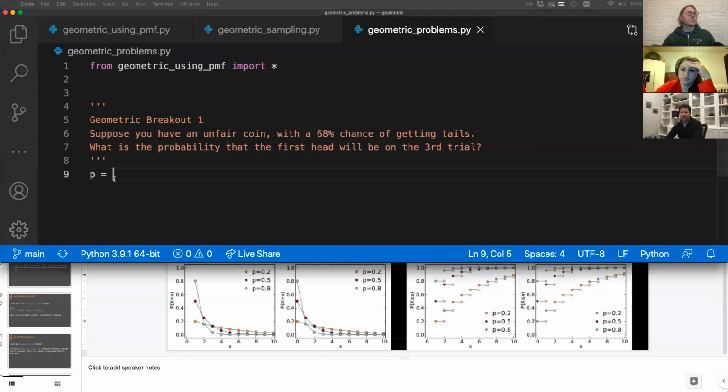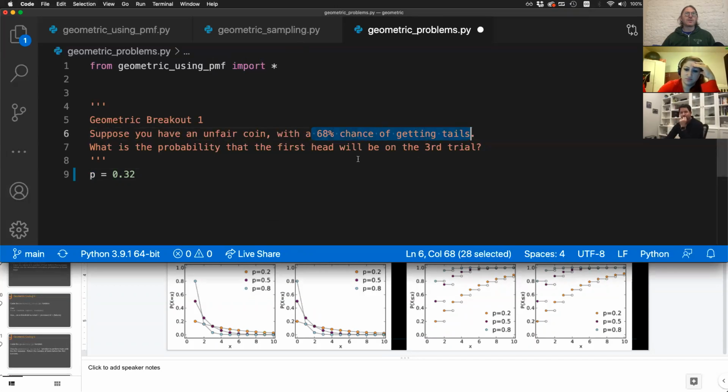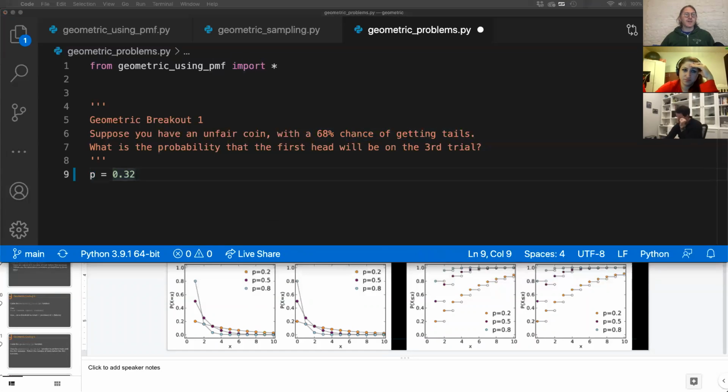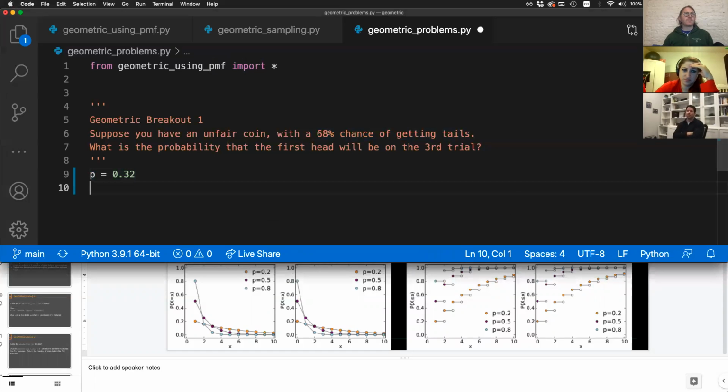Yeah, it's 0.32, right? It's because we're describing the chance of failure. The only reason this is failure is because heads represent success, right? So P is 0.32, and then I can use the inclusive form. I can say K is 3, and let's find out what this is. So geometric Pmf, P, K, and we'll just set inclusive to true.